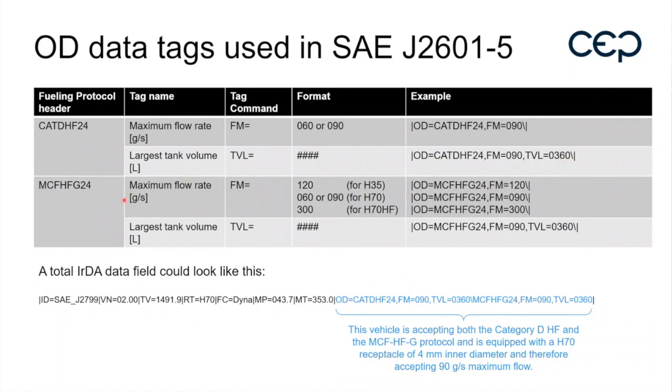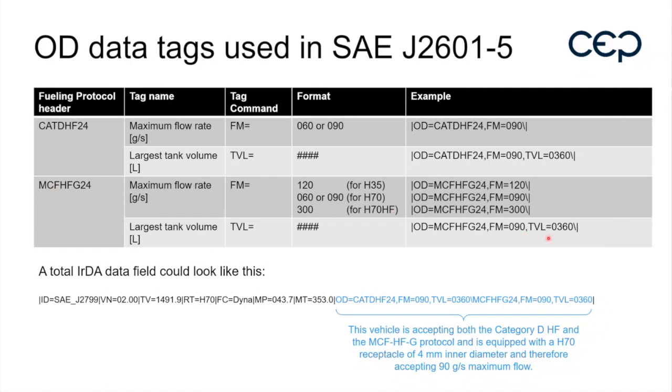It's very similar for the MCF, but for H35 it will be 120, of course, for the high flow receptacle. For H70 there is no change, this is exactly the same. And then for the high flow version of H70, you also have 300 grams per second. And then the maximum tank size is also necessary for the MCF.